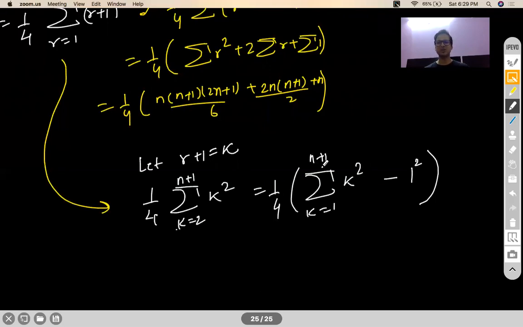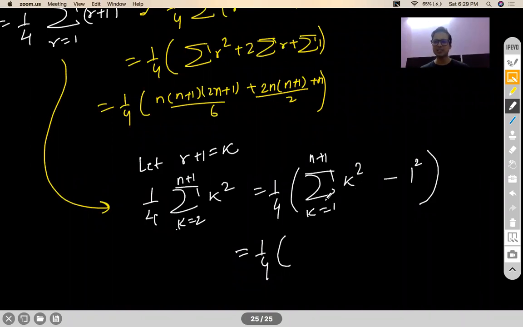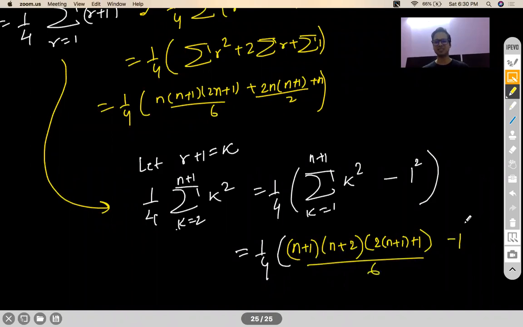Okay. So this makes our life quite easy because you already know the sum of squares of natural numbers from 1 to n. So you also know the sum of squares of natural number from 1 to n plus 1. So what do you have to do? All you have to do is change your n with n plus 1. So instead of n, you will write n plus 1. Instead of n plus 1, you will write n plus 2. Instead of 2n plus 1, you will write 2n plus 1 plus 1 by 6 minus 1.